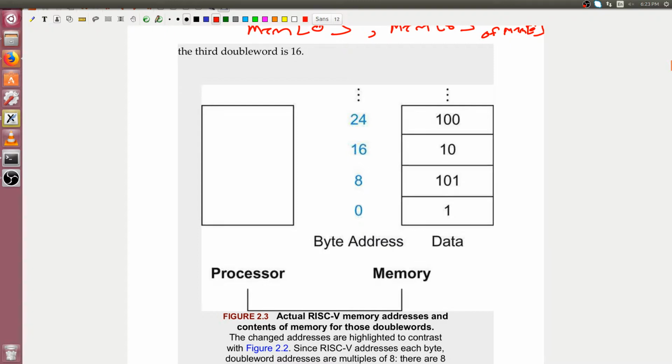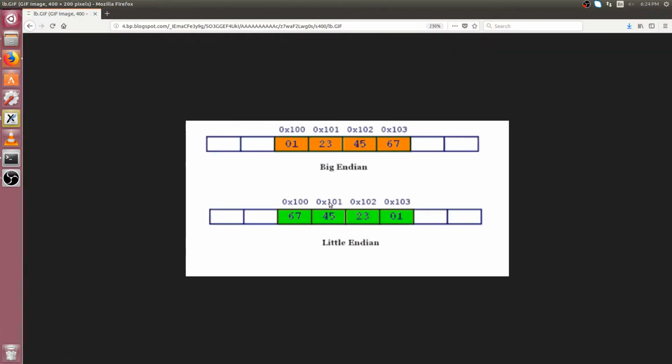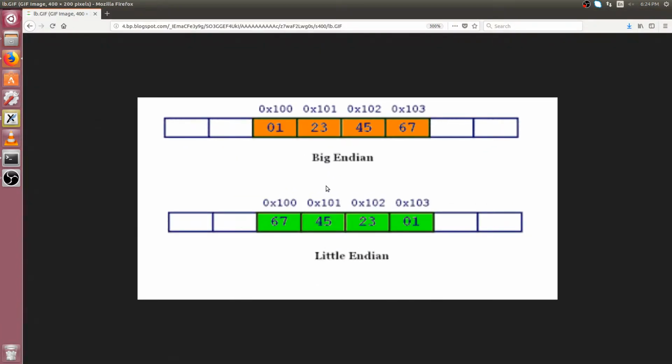Endianness picture. Okay. So let's view this image. Okay. So basically what they're saying is that if we have these identical, so it just depends where the most significant bits are.